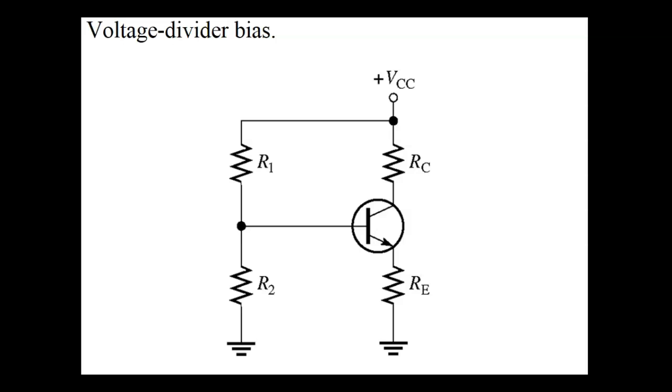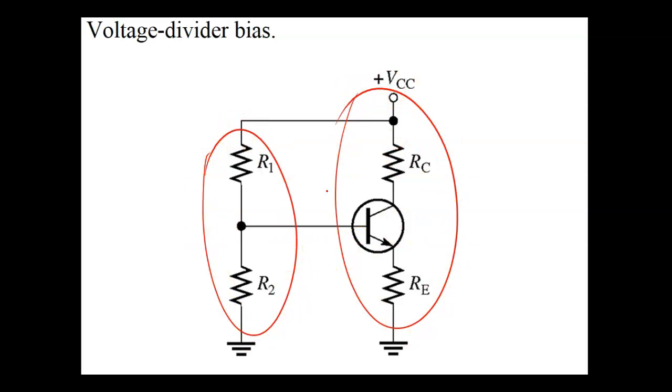Can you see why it's called voltage divider bias? All we got is a voltage. So the base voltage is set by this voltage divider right here. And then we'll look at what's going on over here. What's the purpose of this resistor right here?